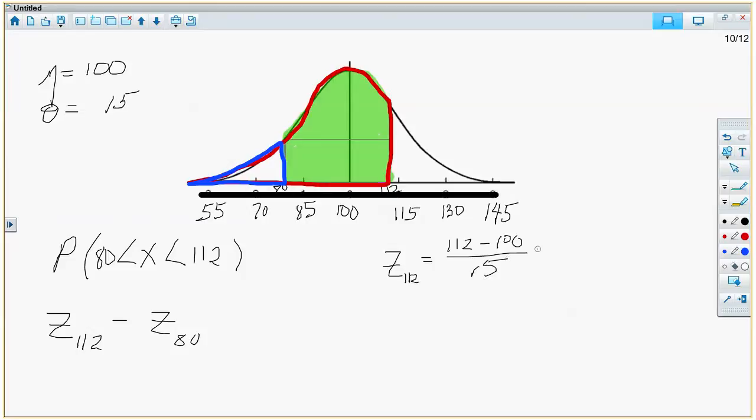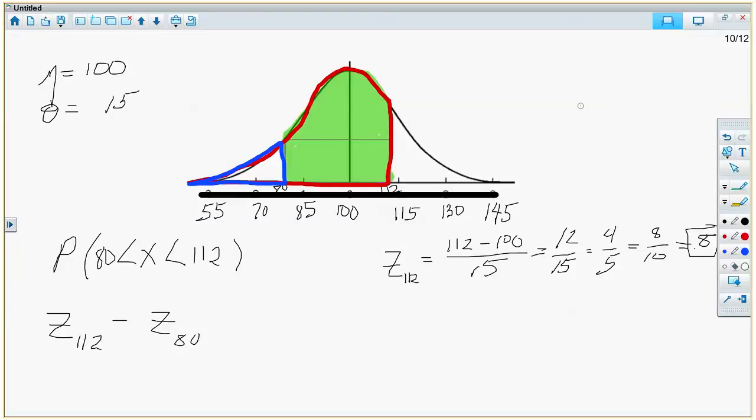That's 12 over 15, and you don't need a calculator to do that, because 3 will go into both of them. 4 over 5. I'm going to show you a trick I learned in the war. Look here. How many times will 5 go into 10? 2 times 4 is 0.8. So the red area is 80%.